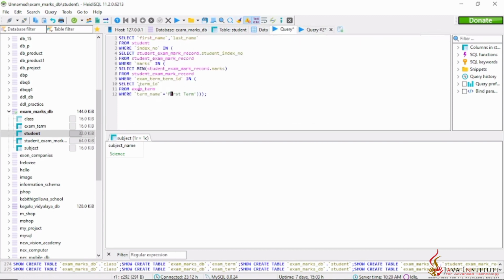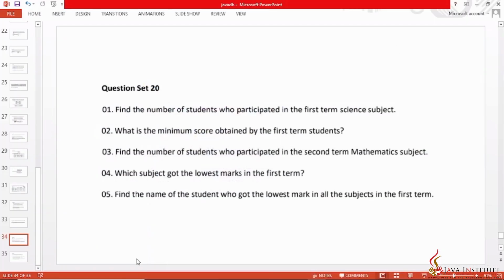Here this is the bracket closed for min, and then this one, then this one, and this one. Okay, so this is the query for the last question. That means find the name of the student who got the lowest mark in all the subjects in the first term. So I'm executing this. It says that Cousin Rajamantri is the student who got the lowest mark in the first term for all the subjects. So okay, this is how I answered question set 20.